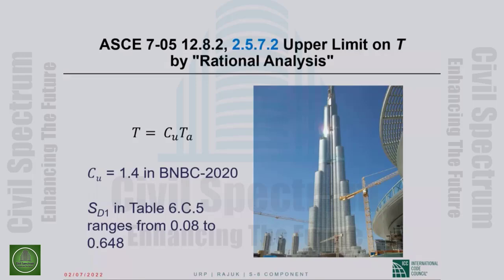When it comes to displacements, this limitation that T sub T cannot be taken any longer than C sub U times T sub A does not apply. And that we will discuss when the time comes. But keep in mind, this restriction is for force-related quantities, not deflections.